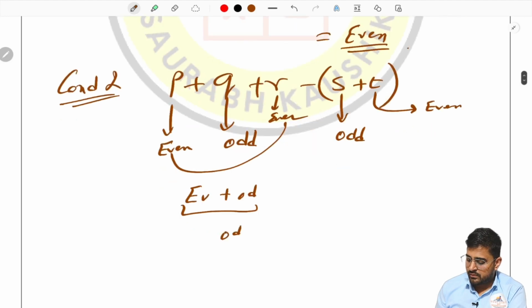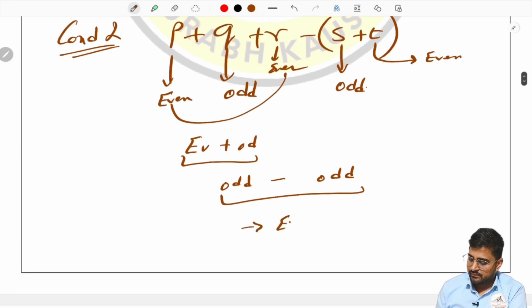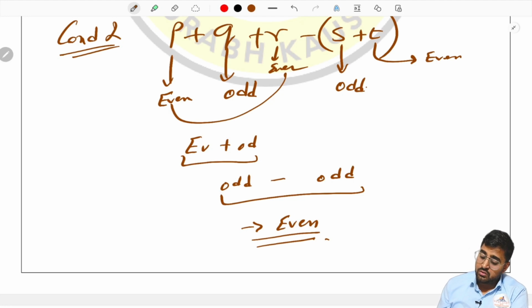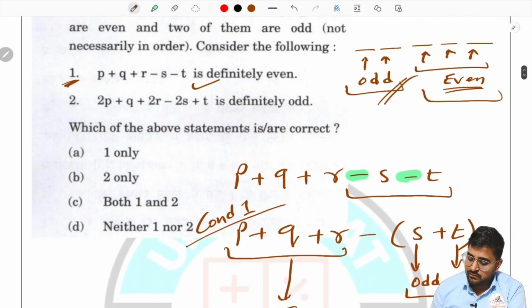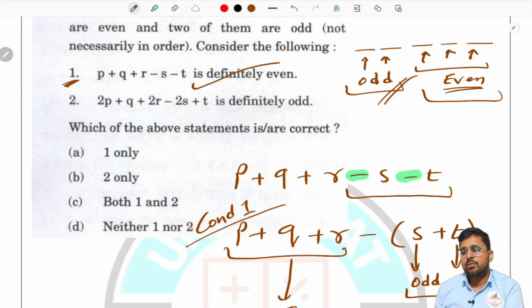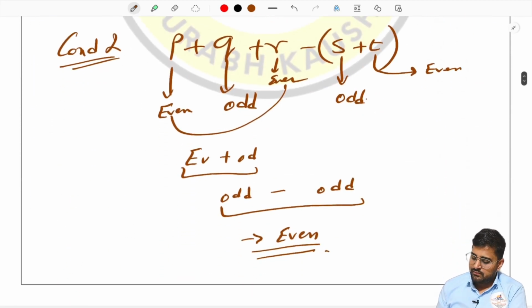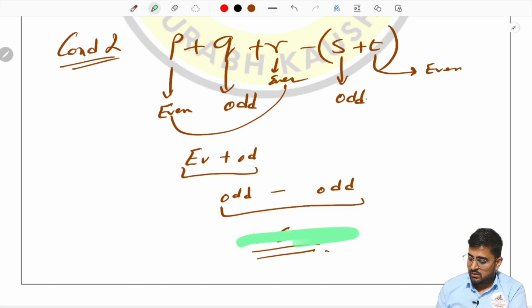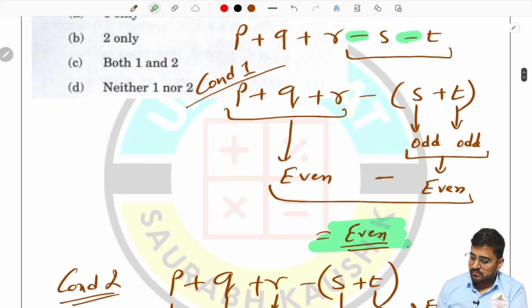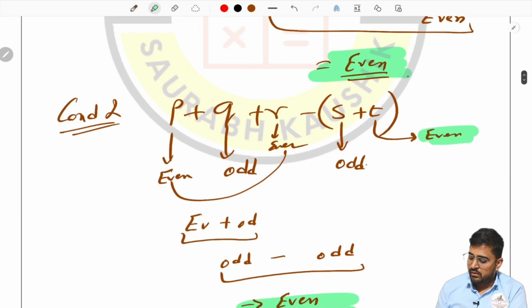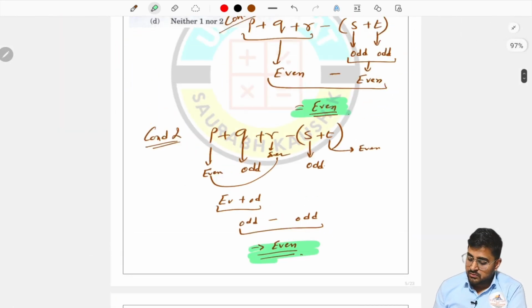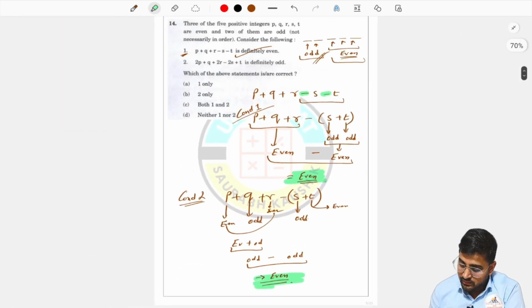Even plus odd gives you odd. Odd plus even will give you odd. But odd minus odd will always give you even. So this statement is very much correct. In each formation, you get an even value. You can put this odd here or this odd there, but the formation should be the same. So this statement is correct.